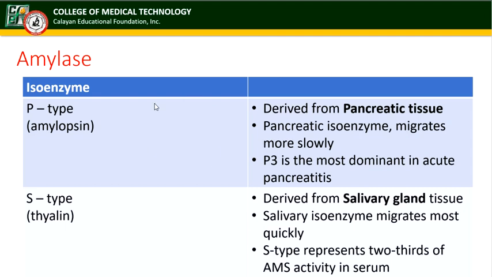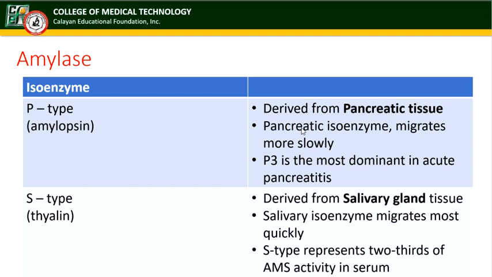We have two: P-type and S-type. For P, remember amylopsin. P-type is derived from pancreatic tissues. The pancreatic isoenzyme migrates more slowly. Where is this migration seen? In our electrophoresis.